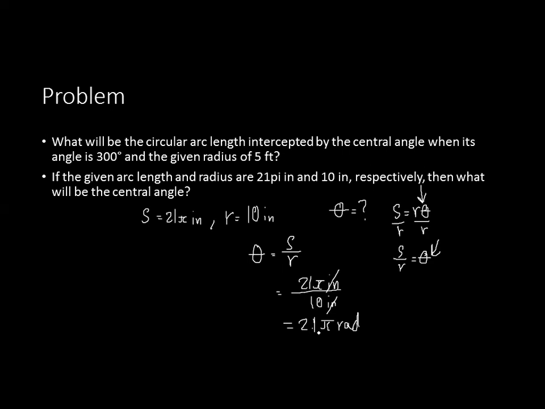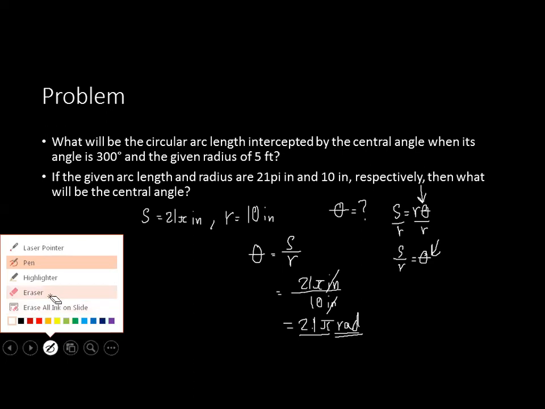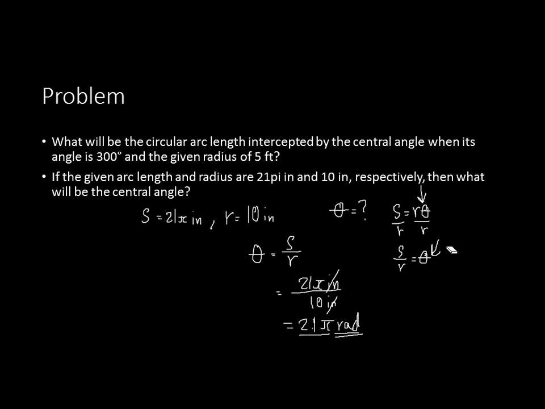And since we have no units, but the number here is an angle, we must represent it with radians. So therefore, we must put it with radian as a representation that this number is not just a constant term, but rather it is an angle. All right?